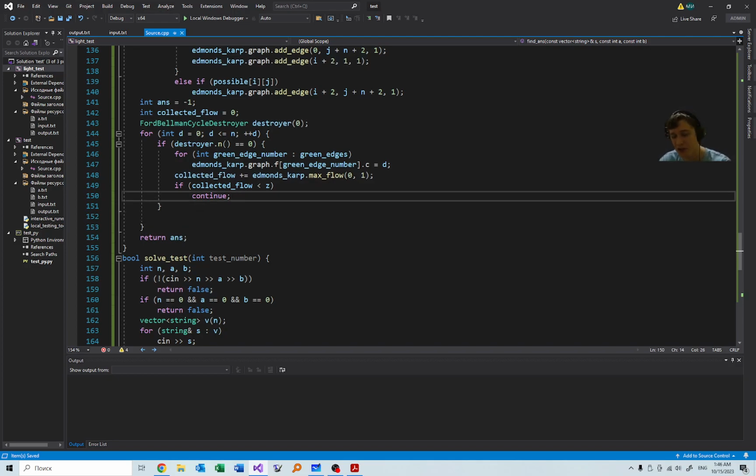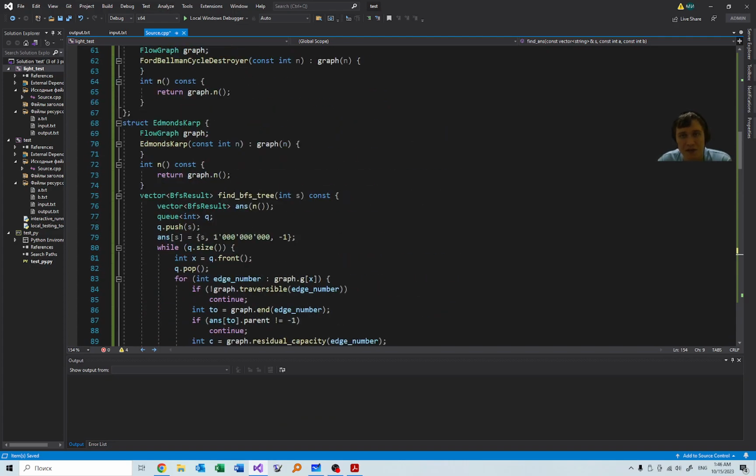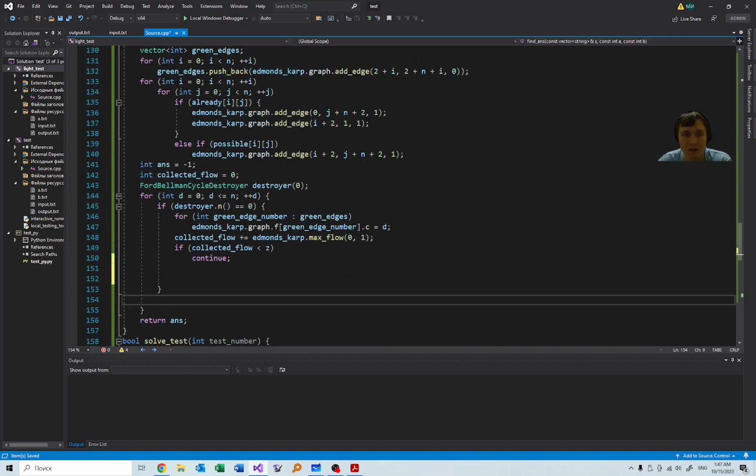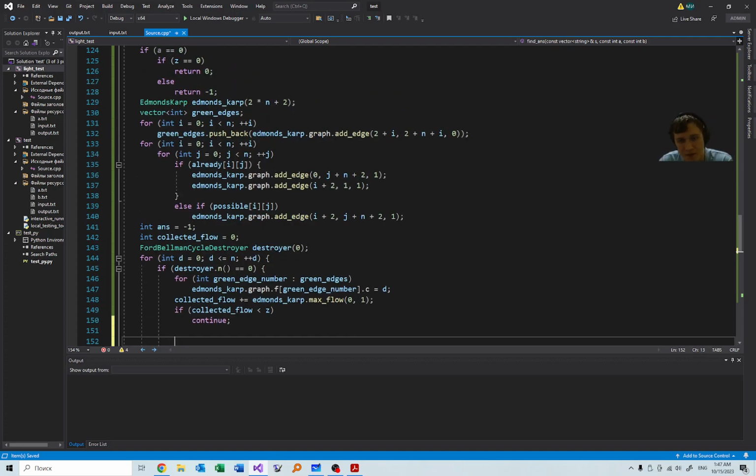Okay. So now we have to build a destroyer here. How do we build a destroyer? So it needs to use some edges from the Edmonds-Karp, and if the edge is activated, it activates it. So actually we just copy, I think we just copy the system from the Edmonds-Karp.